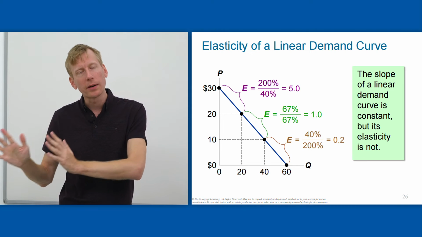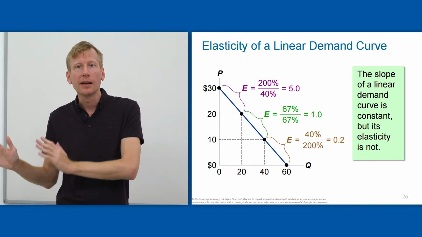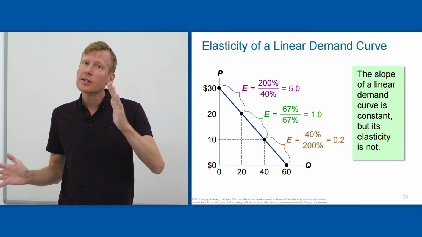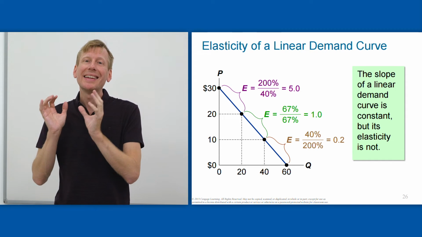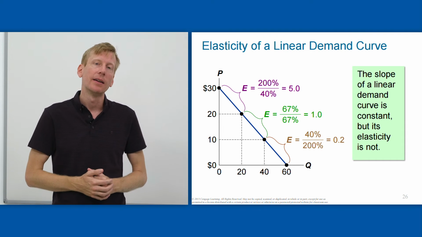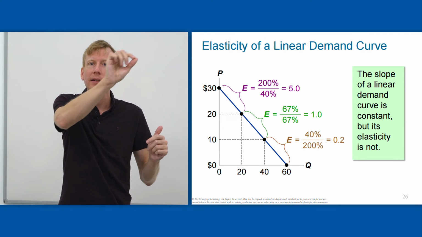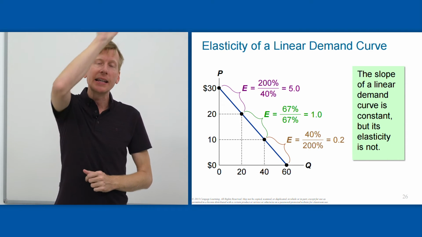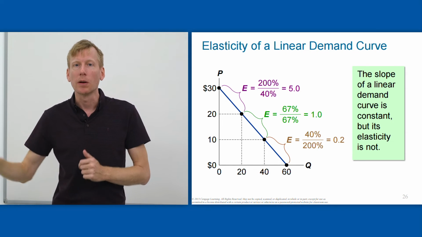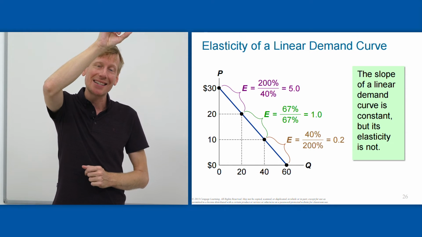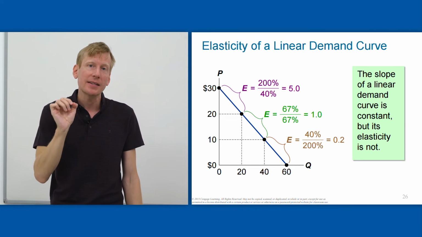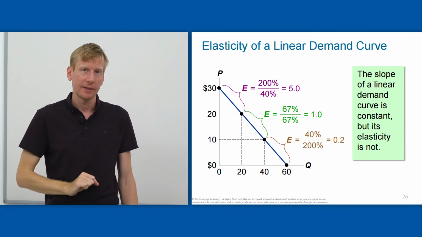And for the lower part of the demand curve, indicating lower prices and higher quantities, that whole range will have elasticity which is less than 1, so inelastic demand. As we move along the demand curve, as quantity increases, elasticity begins high and gets smaller and smaller, or begins elastic and becomes more and more inelastic, passing through unit elastic.